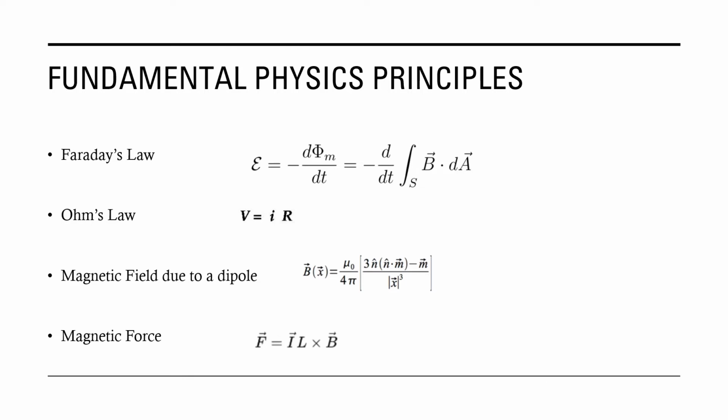That voltage can help you calculate the current of the aluminum tube using Ohm's law, and the magnetic field due to the dipole, which I used to calculate Faraday's law, is shown as the third equation. And finally, magnetic force is the final thing to calculate, which is just the current crossed with the magnetic field, and that's the force of the tube on the magnet, which is what slows it as it is dropped through the tube.